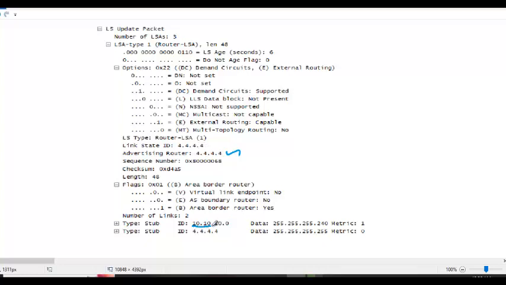And this is just simply talking about whether this router, the sender, 4.4.4.4, is capable of carrying LSA type 5. But this is not the main story.